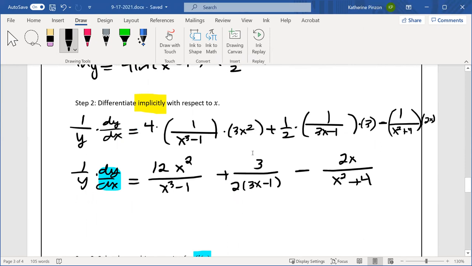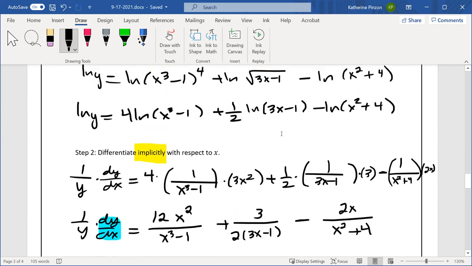Right here. So I did the derivative of the natural logs. So the derivative of natural log of something is 1 over something times the derivative of the inside. So derivative of natural log of y is 1 over y dy dx. Derivative of natural log of x cubed minus 1 is 1 over x cubed minus 1 times 3x squared, because it's the derivative of the inside. Same here.